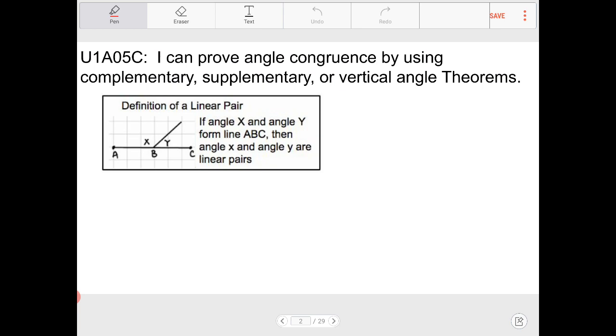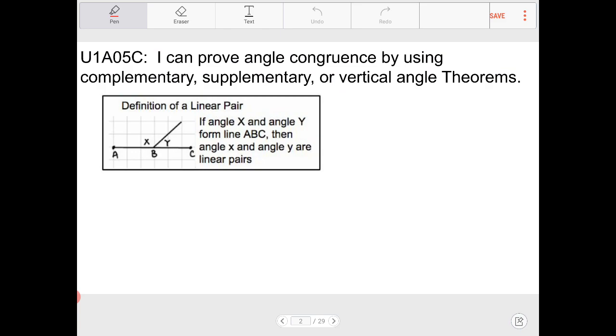So the first one is that if we have 2 angles that form a straight line like I have here, so if angle X and angle Y form line ABC, then angle X and angle Y are called a linear pair. So 2 angles that form a straight line is something we call a linear pair. Now, what do we know about the angle measure of a straight line?